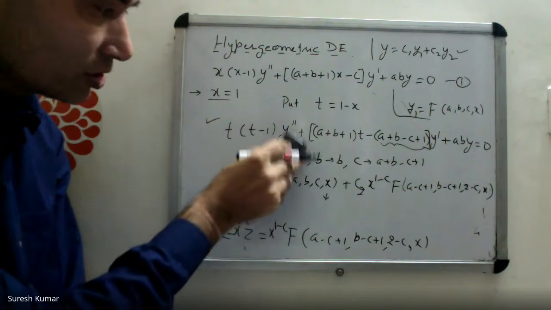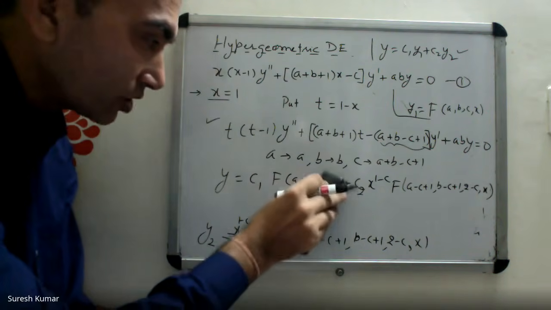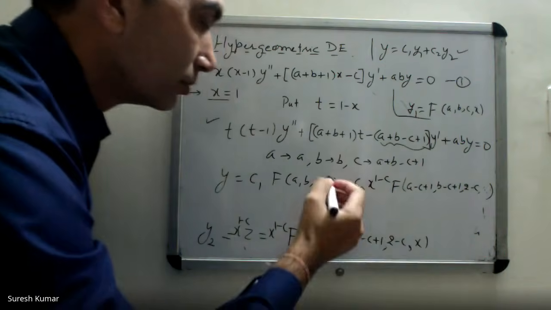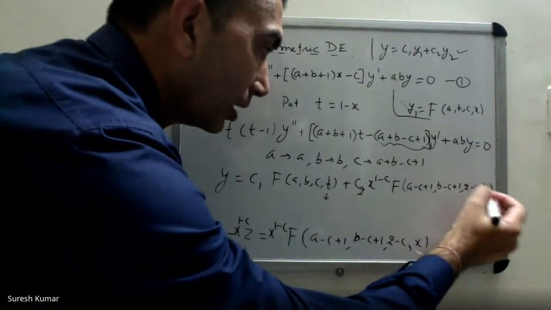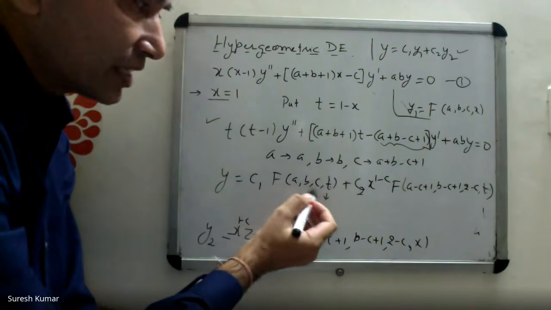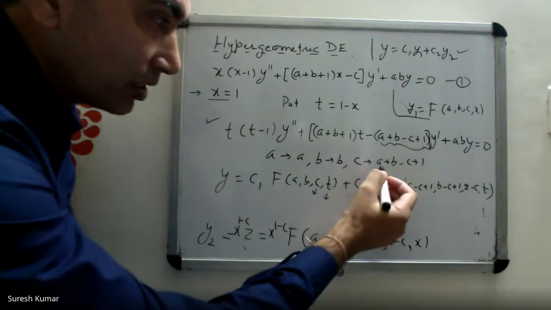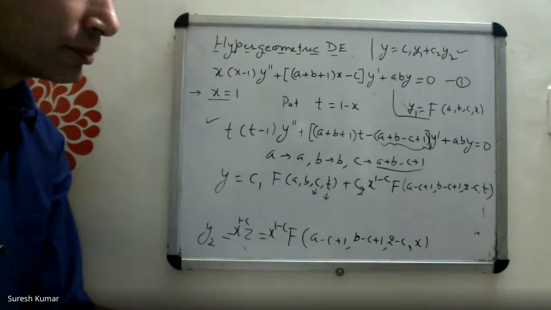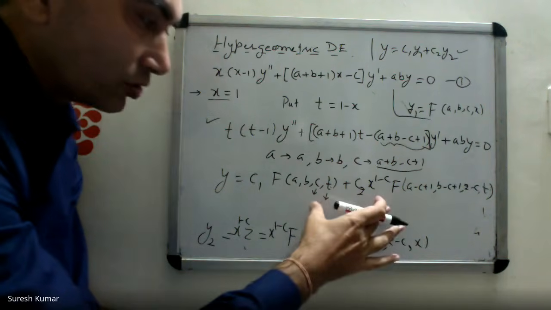Because this equation is in y and t, you should first put t here. And a and b are the same, but c has to be replaced by this expression. Okay, so this is the general solution.